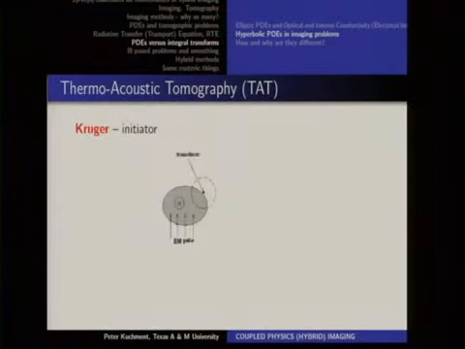So here is the cartoon of thermophotoacoustic tomography. The words thermo and photo distinguish what is the triggering signal, whether you send microwave or radio wave or laser beam. But the rest mathematically is the same. So what you do, you send a very broad electromagnetic pulse through the object. It could be a broadened laser beam, it could be microwaves, it could be even radio waves.